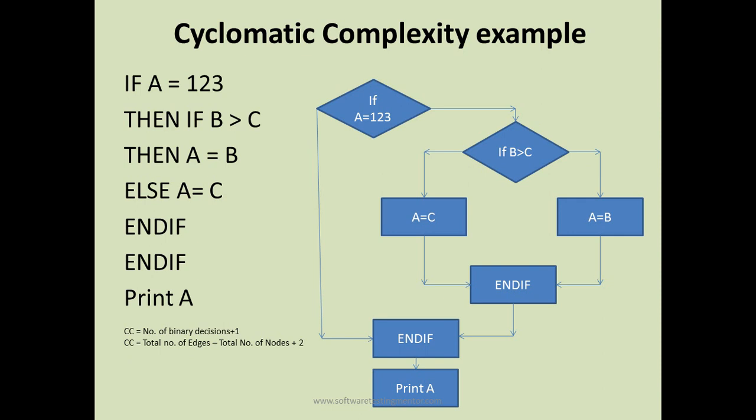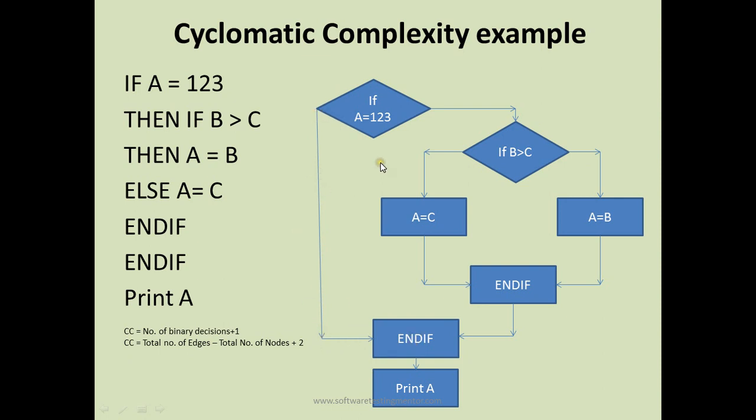With the more standard way to calculate, you need to find total number of edges minus total number of nodes plus 2. So you need to follow this flowchart. How many edges are there? These are the edges. This is one edge, this arrow that connects this if box to the end if.